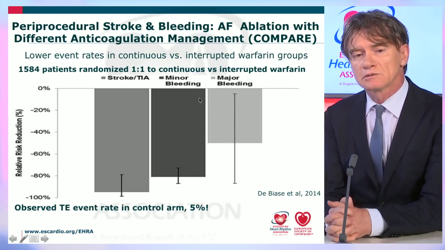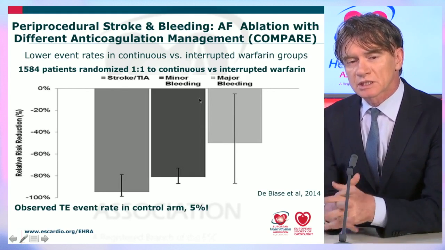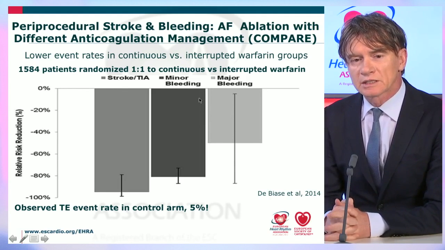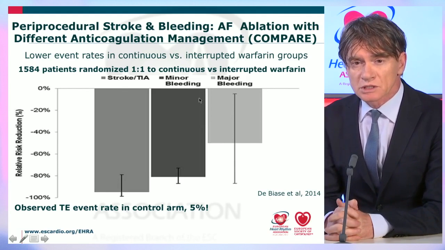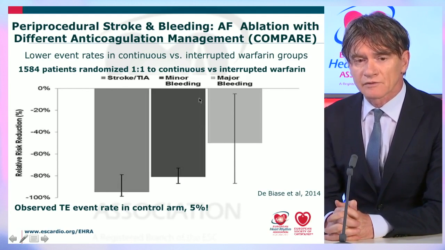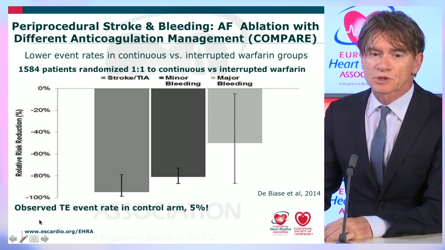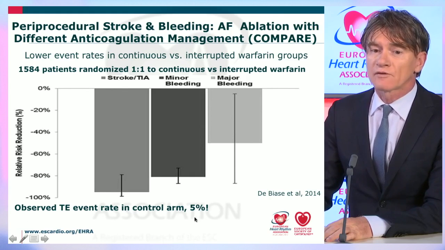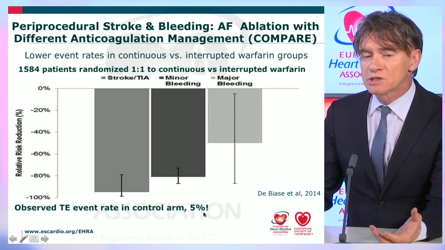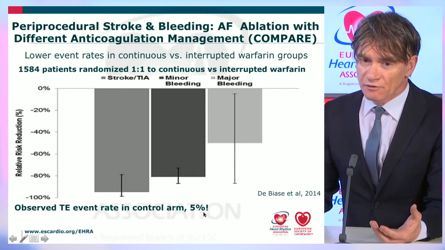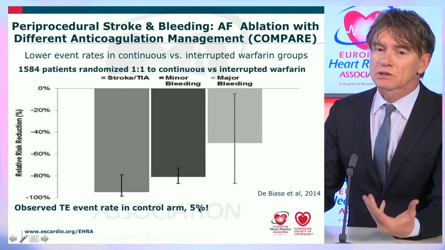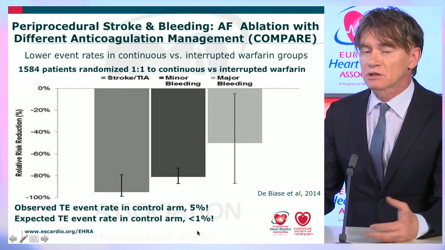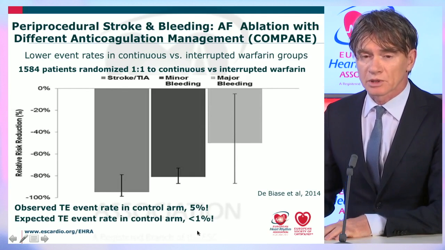But in order to put this study into a wider perspective, we should recognize, first of all, that the comparator arm, which was interrupted warfarin, was associated with an observed thromboembolic event rate of about 5%, which, as you may appreciate, is at least fivefold higher than the one that was going to be expected according to the data collected in the literature in much larger and more heterogeneous patient populations.